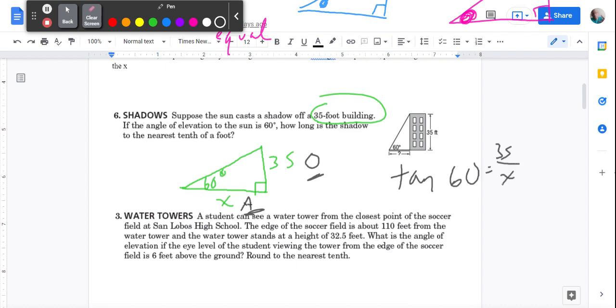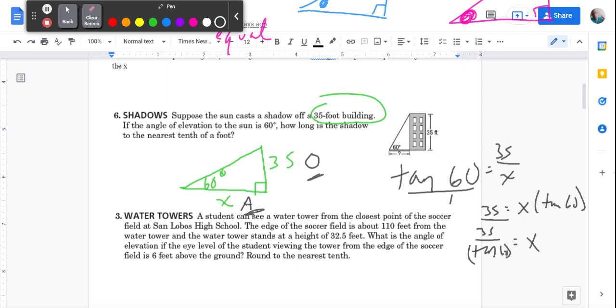We'll cross multiply, and we'll have 35 times 1, which is 35, equals x times tan 60. Then x is going to be equal to 35 divided by tan 60, just like we did on our 6A notes, and then we'll find our value for x.